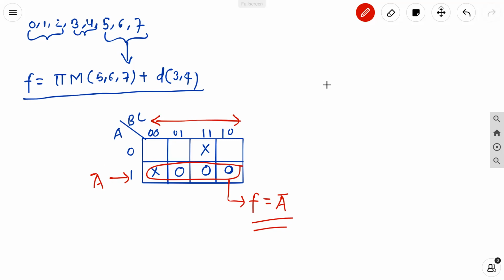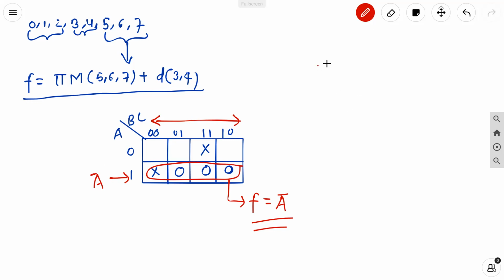If it is given in min terms, first of all we find the max terms, and for finding them we do not use don't cares and min terms. Whatever remains apart from the min terms and don't cares, we use.